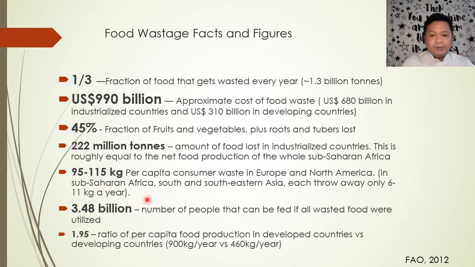And if we look at the per capita food production in developed versus developing countries, the ratio is almost twice, 900 kilograms per year versus 460 kilograms per year. Now, this means that technically may surplus yung developing countries kasi if you divide that, then that's almost 3 kilograms per person per day. Ikaw ba nakakakain ka ng halos 3 kilong worth ng pagkain sa isang araw?